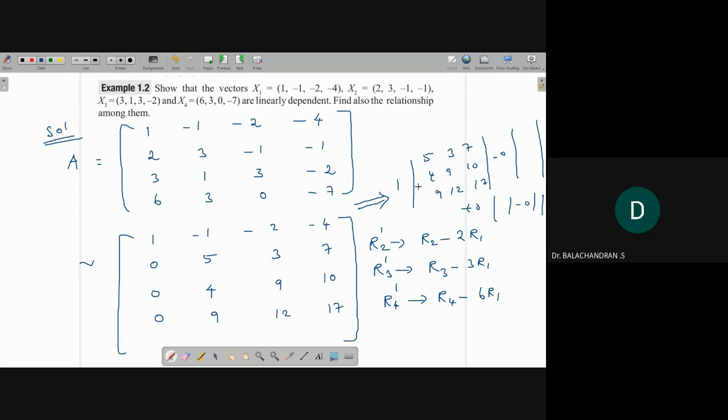You can check it quickly. 5 into this is what? 17. Okay, please do it. Okay, and tell the answer whether you are getting 0 or not. Determinant of 5, 3, 7, 4, 9, 10, and 9, 12. So this is 17.